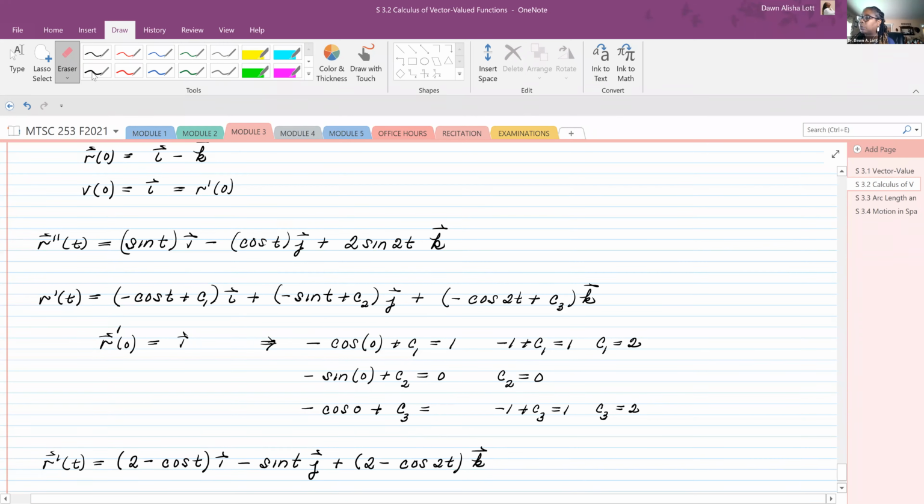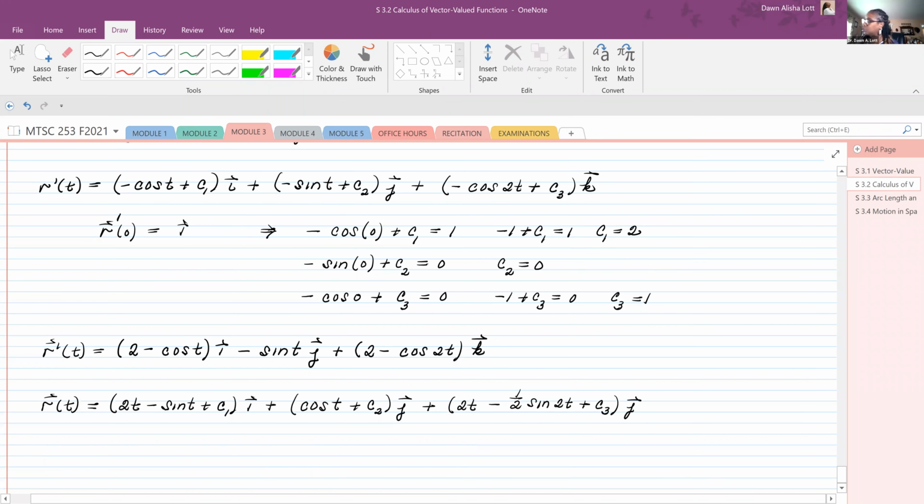And this is supposed to be 0, because there's no k term. C3 is 1. So that should just be t.